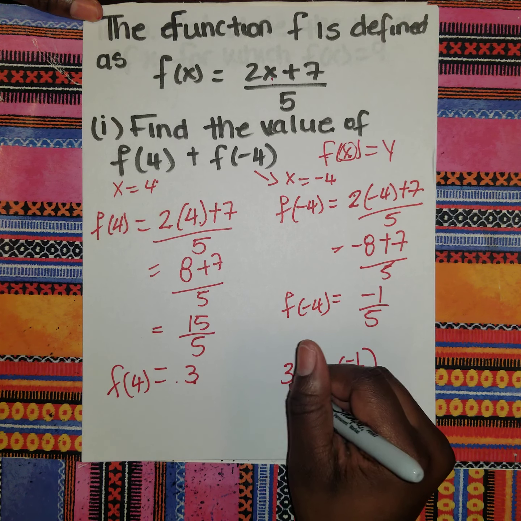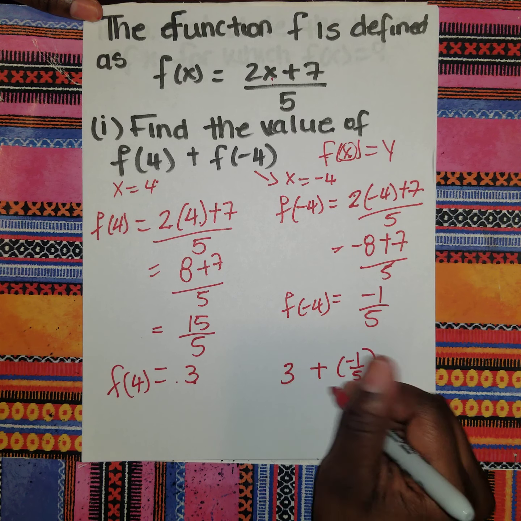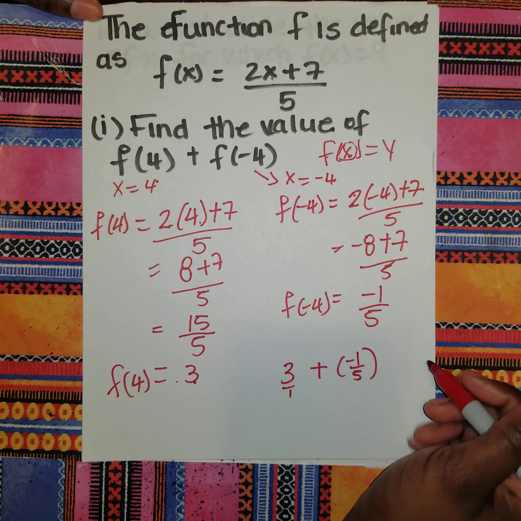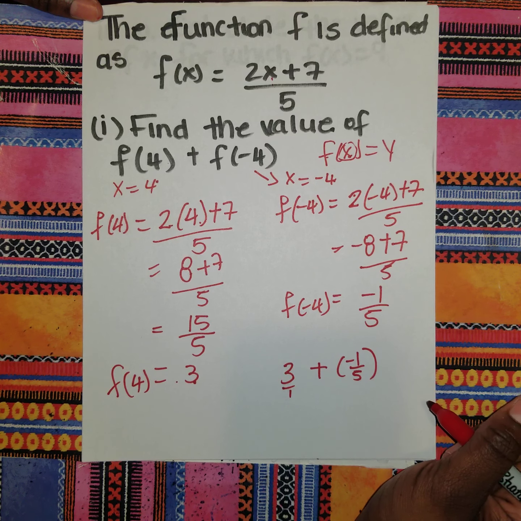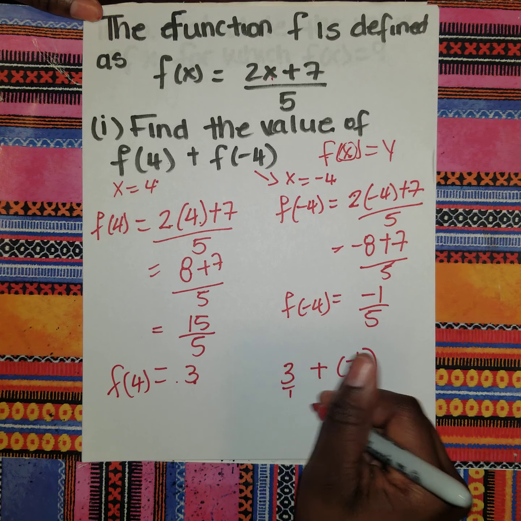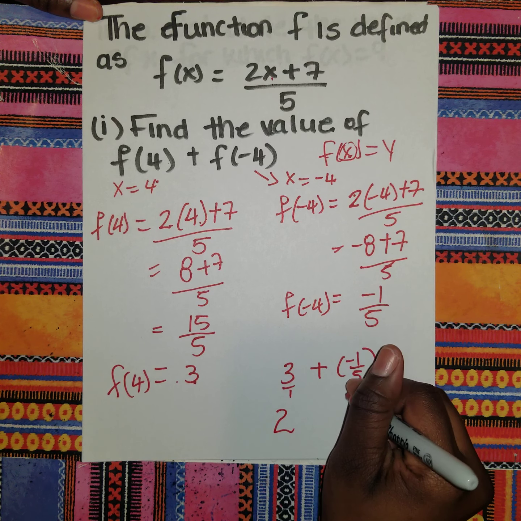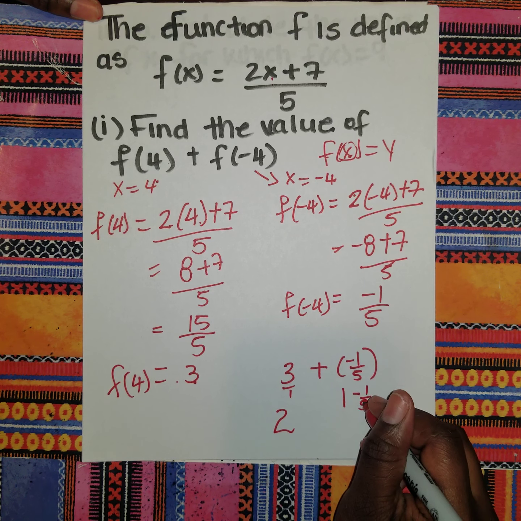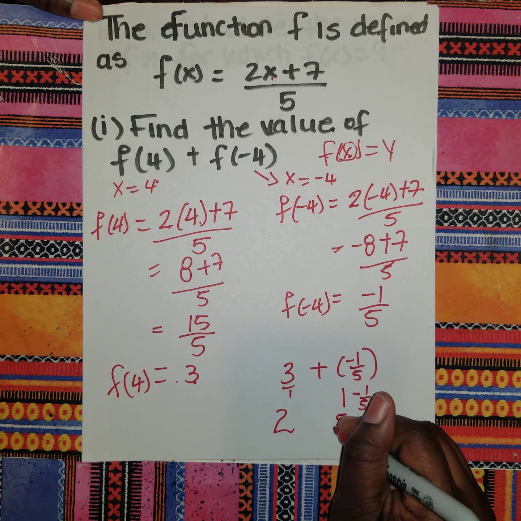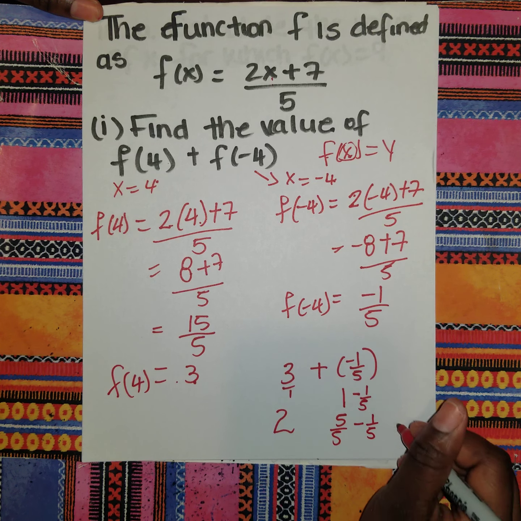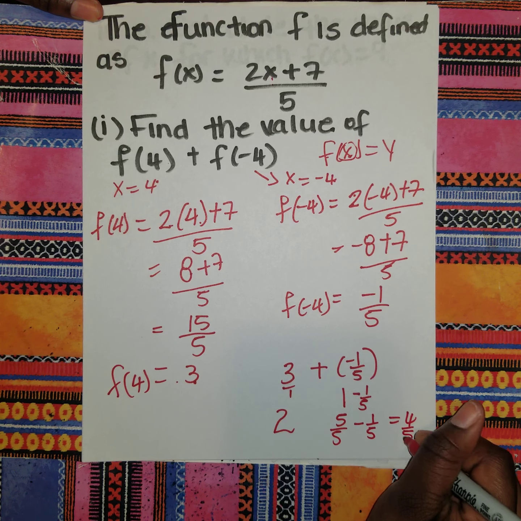You can write this 3 as a fraction, 3 over 1, and find the LCM, or you can just borrow 1 from the 3. You're going to be left with 2, and then 1 minus 1 over 5. And you know that this 1 is basically 5 over 5. So 5 over 5 minus 1 over 5 will give you 4 over 5.